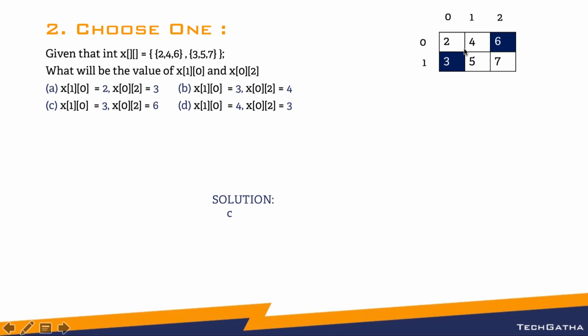First row has values 2, 4, 6 and the second row has values 3, 5, 7. We want to access 1, 0. So 1 is the row, so the first row, and then the 0th column. 1, 0 is 3. And then 0, 2, that means 0 row and column 2, the value at 0, 2 is 6. Hence, the solution is C.